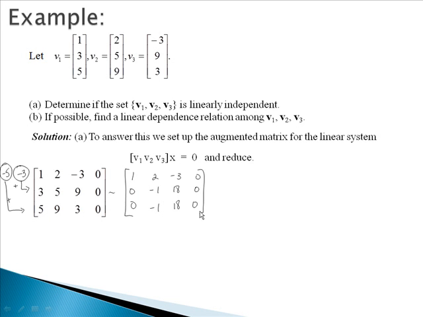And we have an additional step here. I want to get a 0 underneath, so I'm going to just multiply by -1 and add. And we get this matrix here. And we see we have a row of all zeros, and so we have no pivot in this third row.